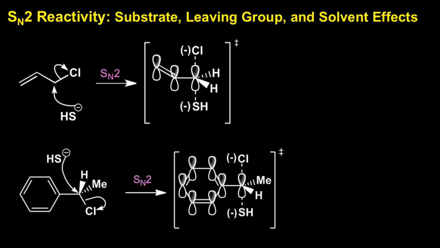Now here's the cool part. That p orbital overlaps with the nearby pi system, either the double bond in allyl or the benzene ring in benzyl. This conjugation spreads out the electron density, stabilizes the transition state, and lowers the activation energy. That makes the reaction faster, sometimes even faster than a regular primary alkyl halide.